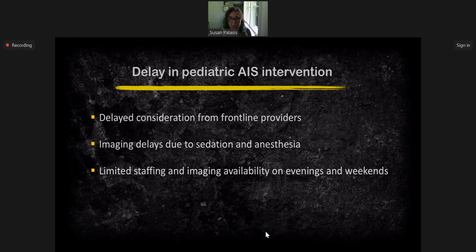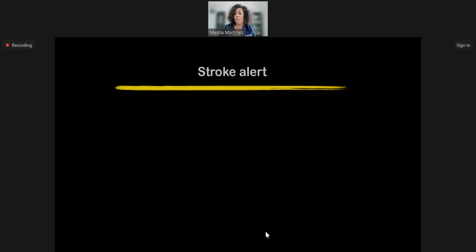There are imaging delays, unfortunately, due to sometimes needing sedation and anesthesia, so we can't get the children in the scanners that promptly. And then, depending on when the child presents and what resources your hospital has, there could be limited staffing and imaging availability, especially when the strokes come in the evenings or on the weekends.